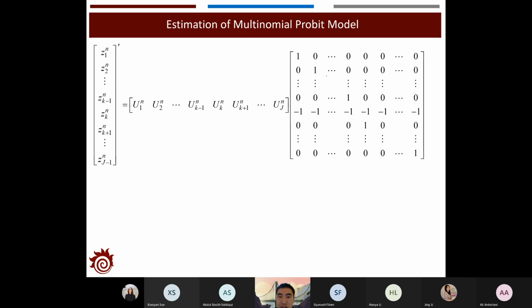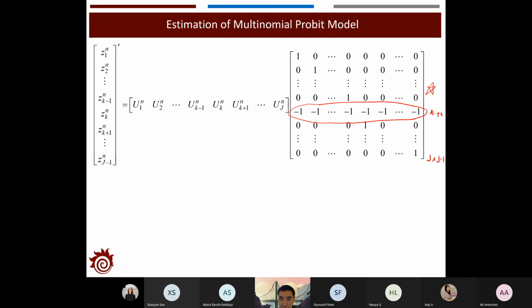So this is the format of the transformation matrix. Basically, you have the -1 for the entire case row, and this is actually J by J matrix. So entire case row, and then you have the diagonal set as 1 for the other. No, it's a J by J minus 1 matrix.